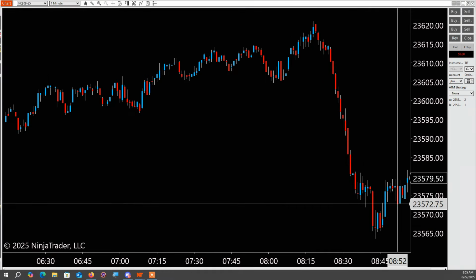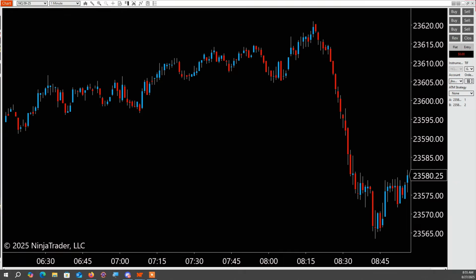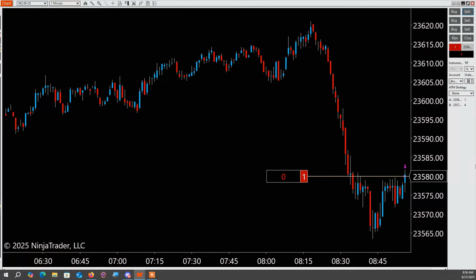So I can start demonstrating this now. So I am taking one contract short over here, but this is not the ideal location. A much better location is right around 600, between 600 and 605.